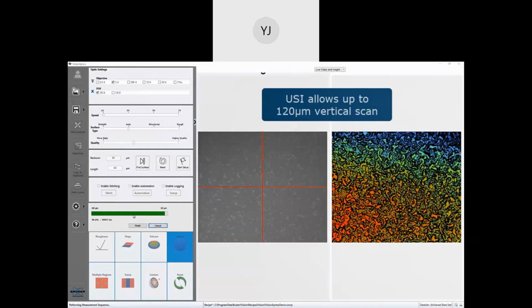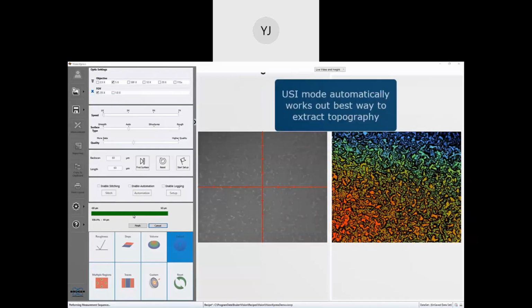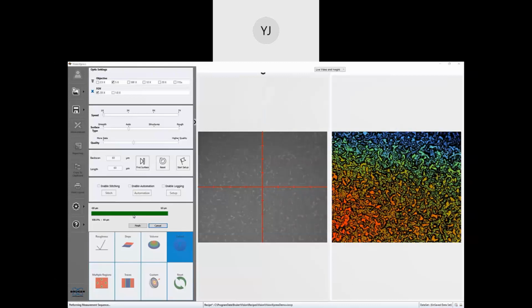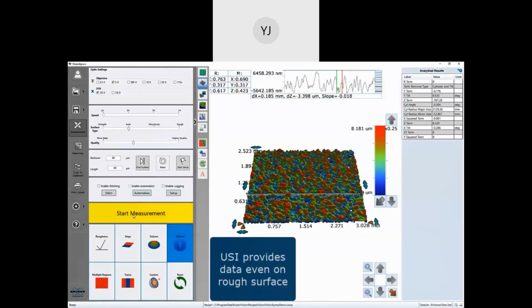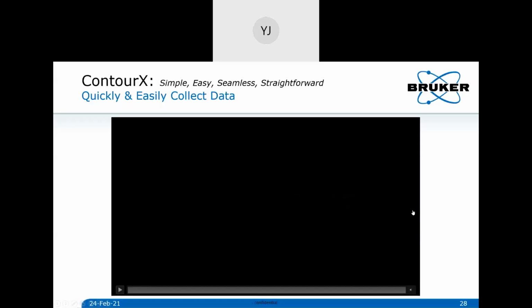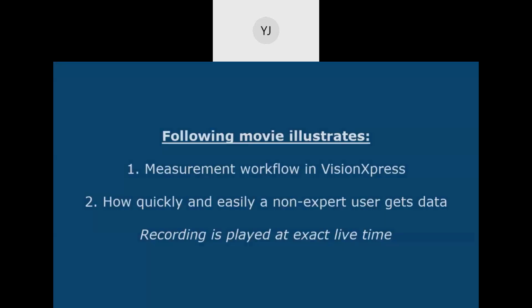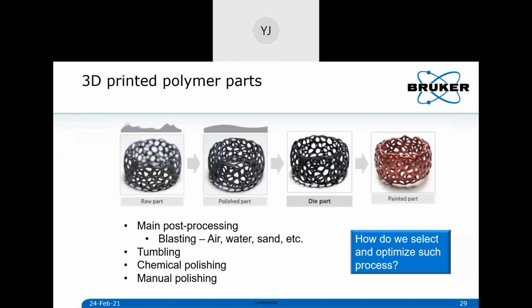So about 120 micron vertical scan that's being done here, so minus 60 to 60 using the USI mode, and that's it. So you can see the data now being plotted. So it's that simple to use the measurement, and you are still getting very high resolution data.